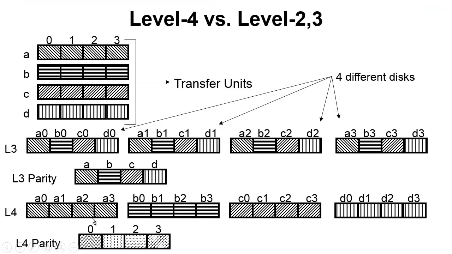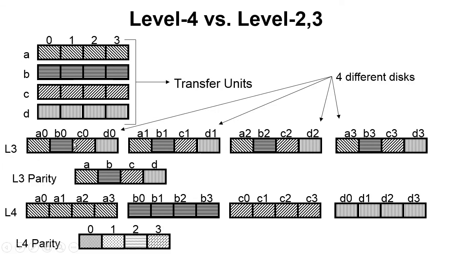So, here we can see the difference of level 4 compared to level 2 and level 3. So, in level 3, we see that A, B, C, D, A naught, B naught, C naught, D naught are kept in the same disk. Say for example, you have A1, A2, A3 and A4, or different bits of a block are kept in different disks. Okay.